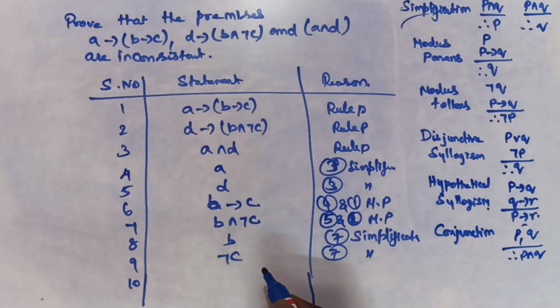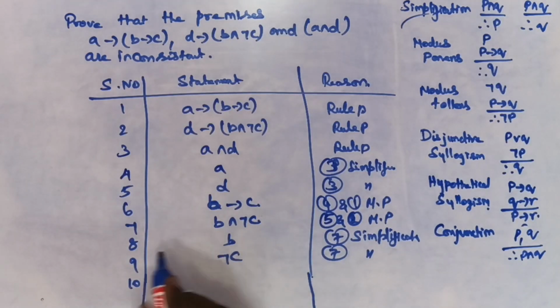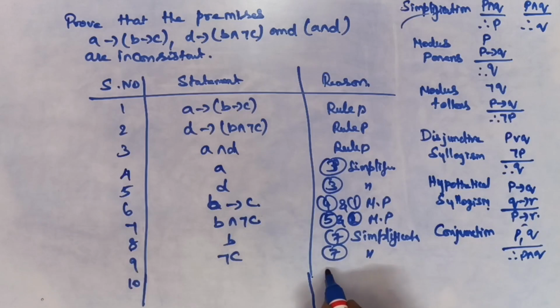Now you have to get C. So 8th and 6th, MP modus ponens, you will get C.